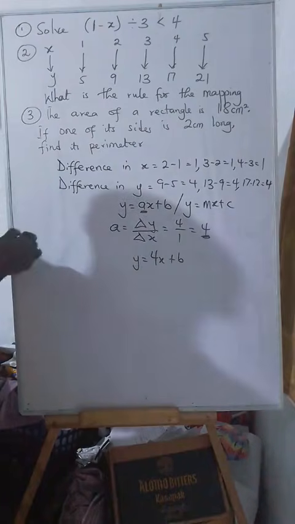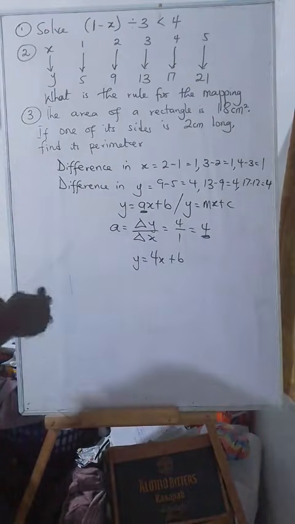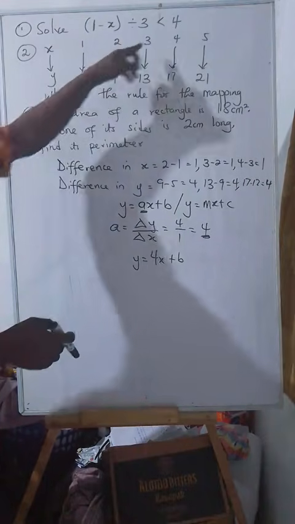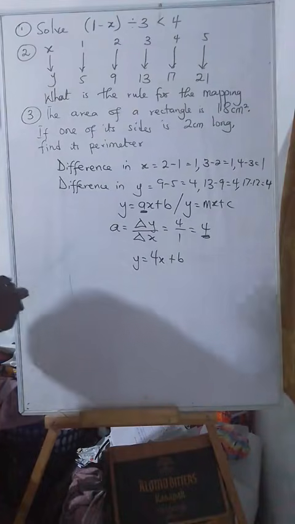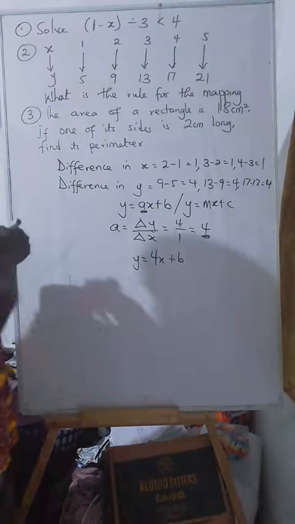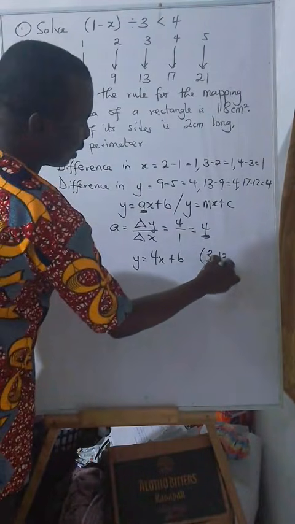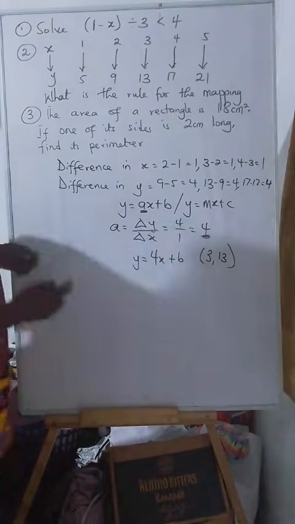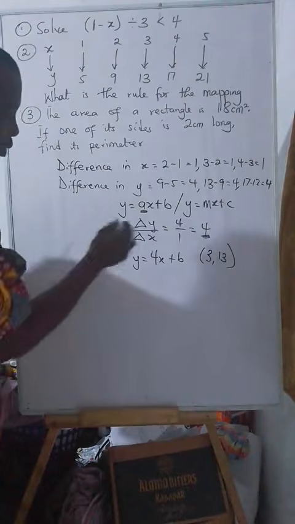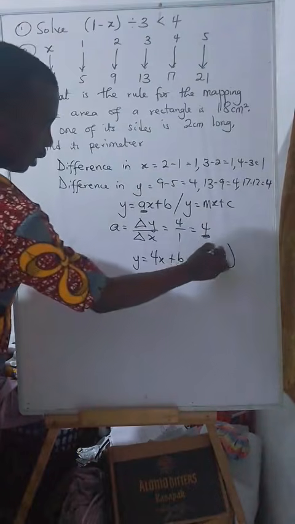plus b. Then with this one, you can choose any points from here, that is x and y, any corresponding point. I'll pick 3 and 13. Any point that you pick will give you the same answer. So here is x, here is y.